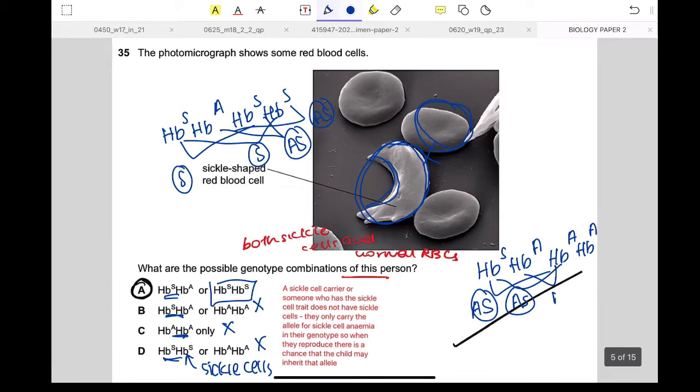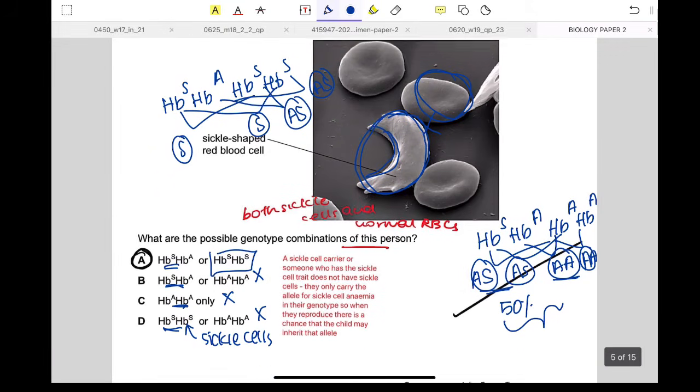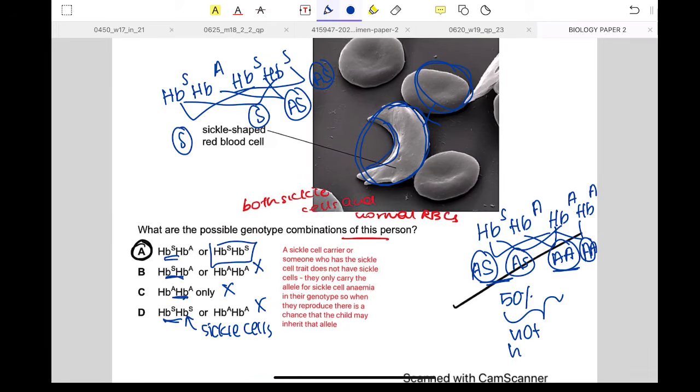AS, AA. So there is a 50% chance that the person will be a carrier, and 50% chance that they have normal red blood cells. But remember that in this case there's more likelihood of the person not having sickle cells.